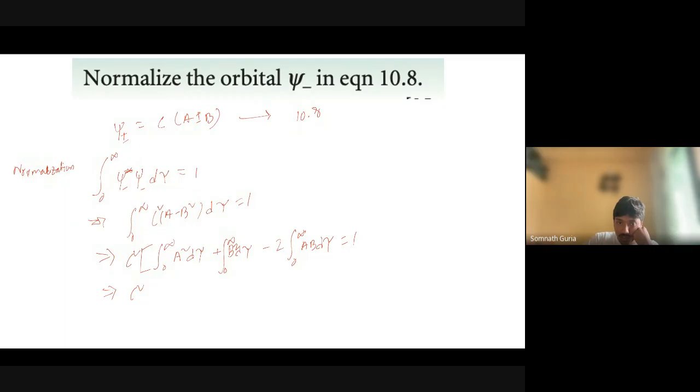So it will give me 2 minus 2s, right? Okay, so that equals 1, and then we have c equals 1 upon root over of 2 into (1 minus s).